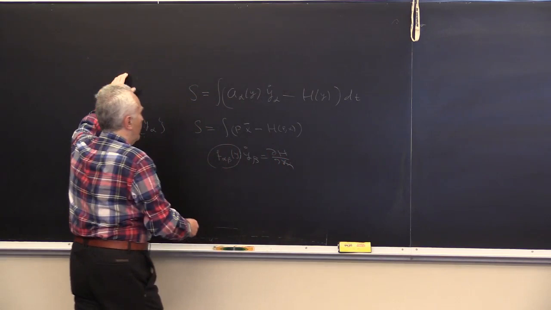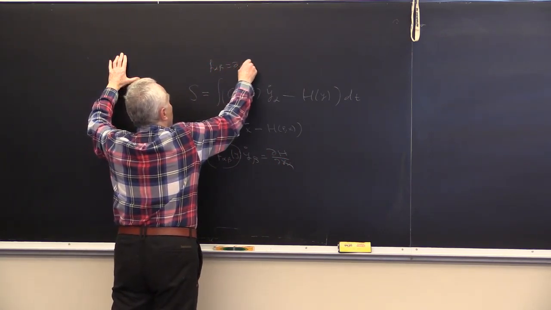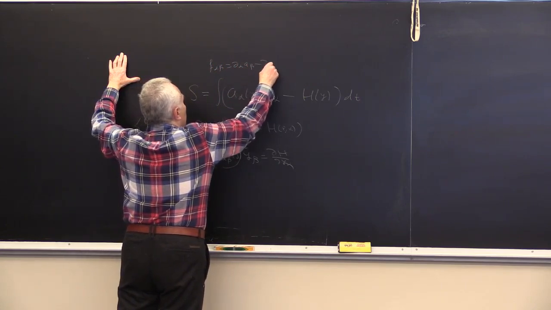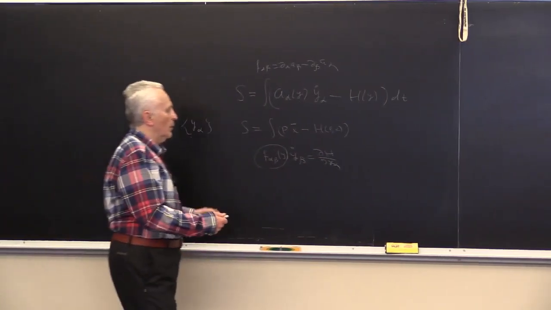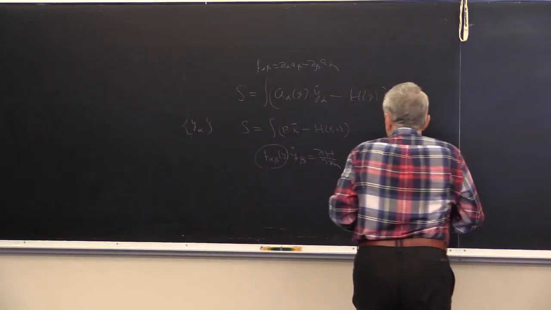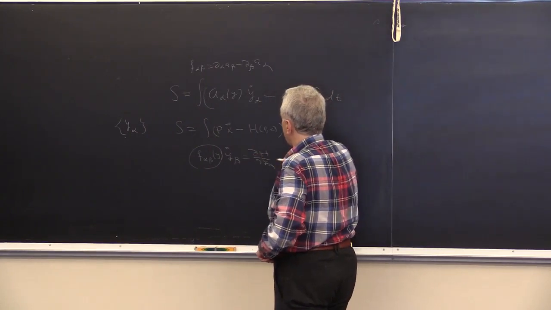It's assumed F alpha beta, I remind you, was d alpha A beta minus d beta A alpha. When we invert this matrix, we get what is called the Poisson structure, well, Poisson brackets.